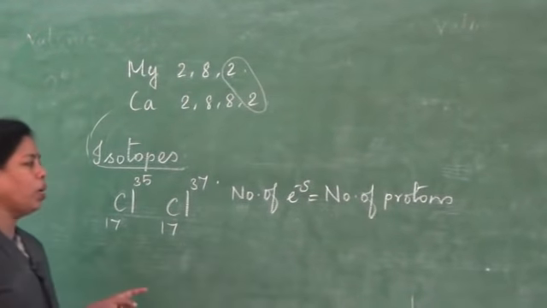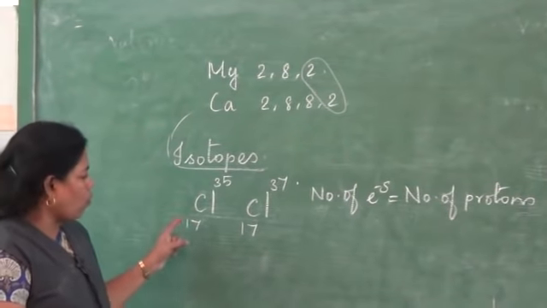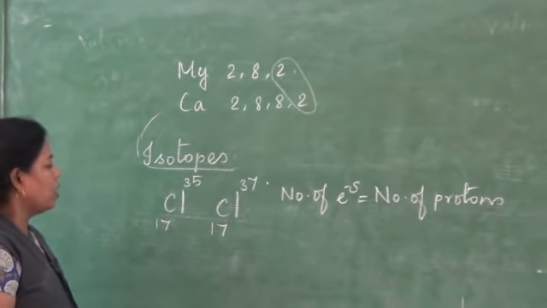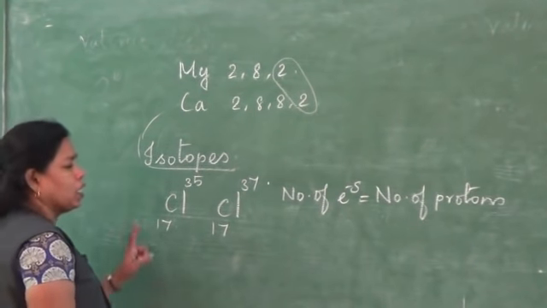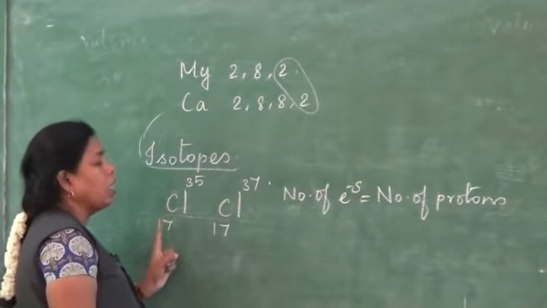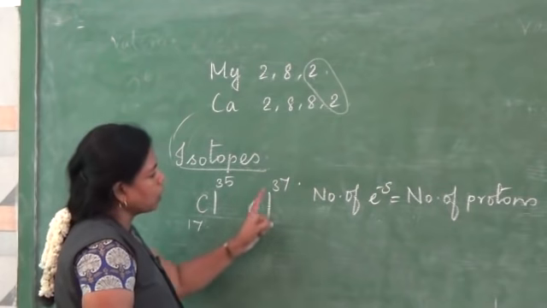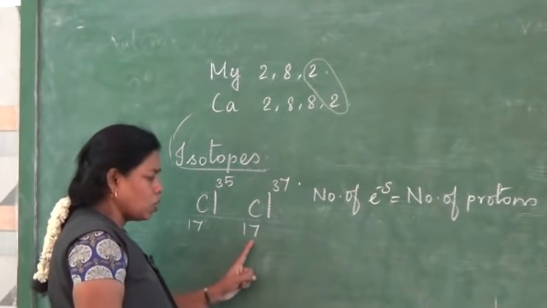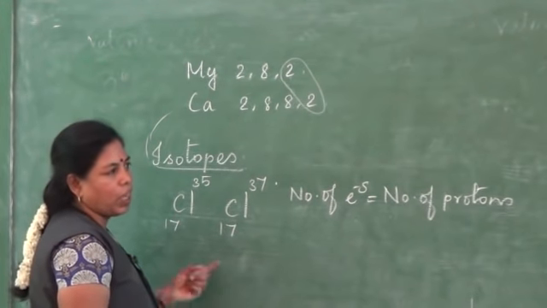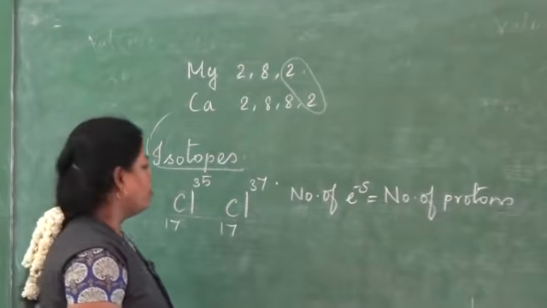Therefore, the first isotope, chlorine 35, has 17 electrons and 17 protons. For chlorine 37, the number of electrons is also 17 and the number of protons is also 17. In which way do they differ from each other? In the total number of neutrons.